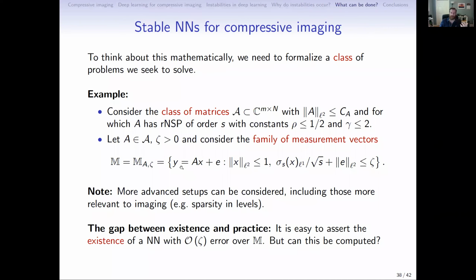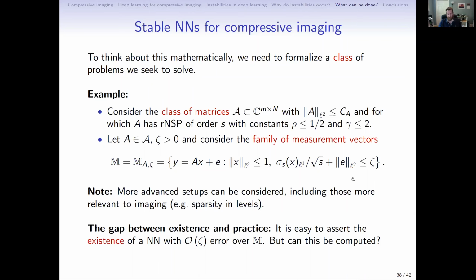And these are the measurement vectors that we get from images or vectors X that are approximately S sparse, okay, and where the noise is not too large. Okay? So think about this as given A, this is the class of vectors X that we can recover accurately with compressed sensing. In particular, the error is bounded by this zeta here.